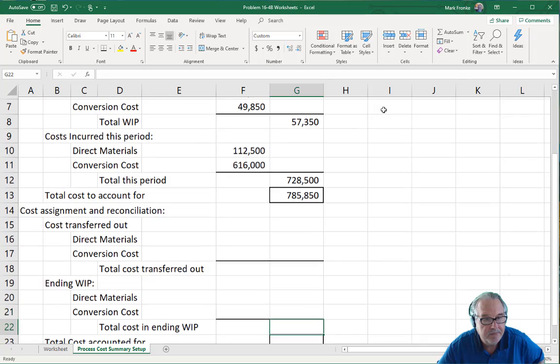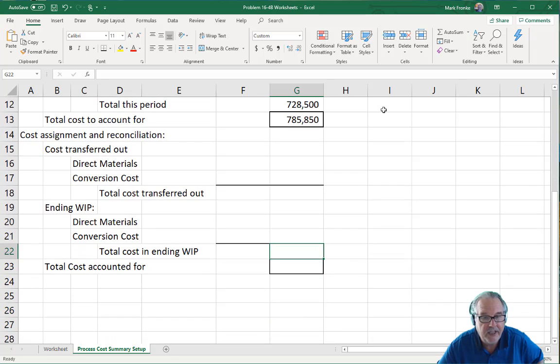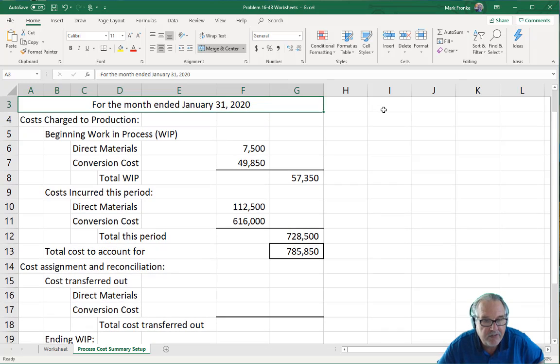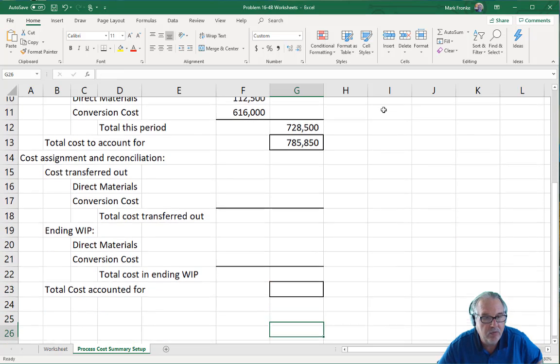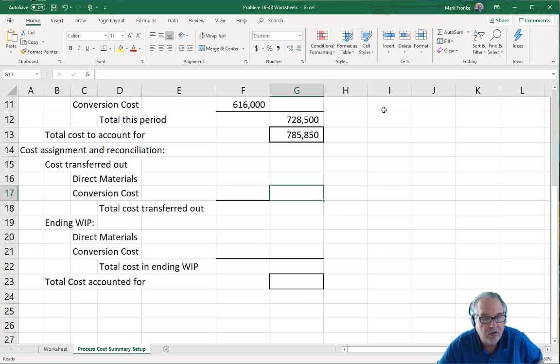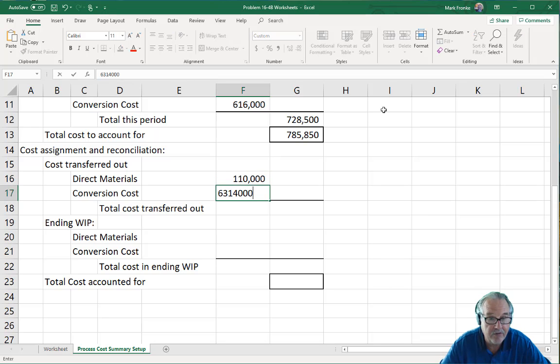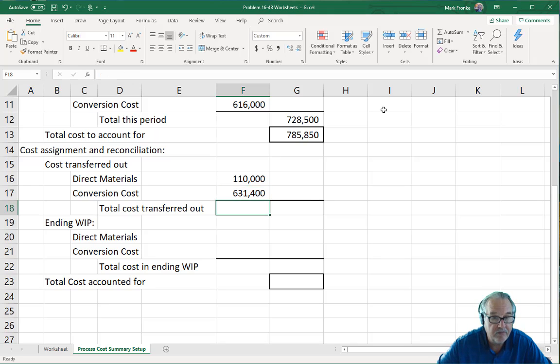Then, down below, we're going to say what happened to it. We called this number up here, the 785, the total cost to account for. And then down here, we're going to do the total cost accounted for. So we transferred out the 220,000 units, which is $110,000 in materials and 631,400 in conversion cost.